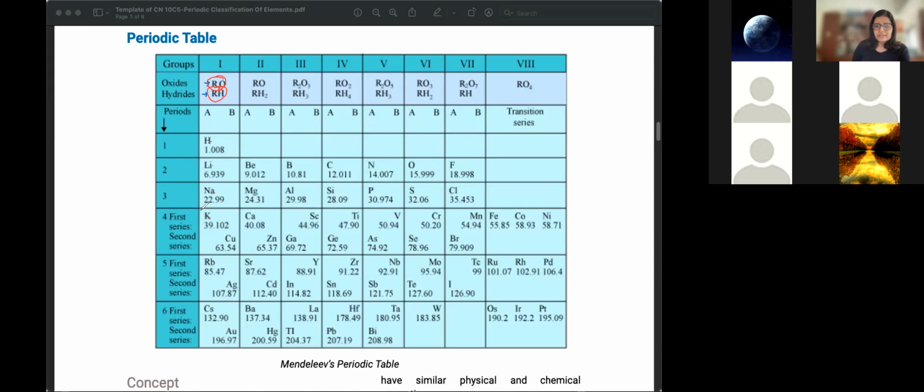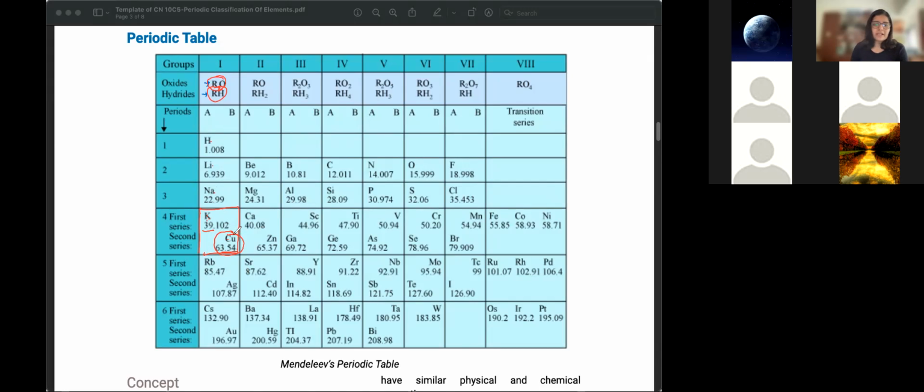Like you can see within group 1 itself, he placed potassium and copper also. He observed that potassium and copper both form K2O and Cu2O, cuprous oxide. But he also had the sense to notice that copper was slightly different from potassium and sodium. Copper was not as violently reactive as sodium, potassium, rubidium.